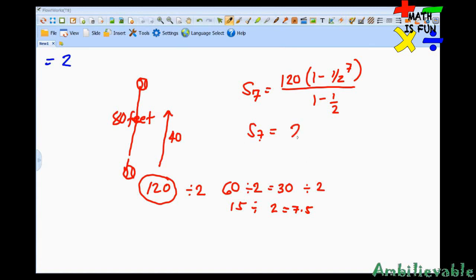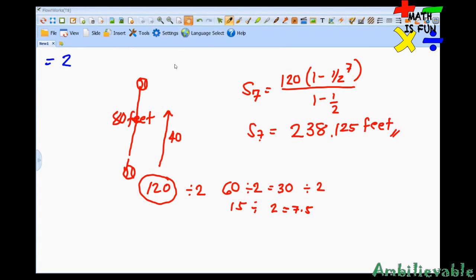So 238.125 feet. Yes, sir. Okay. So change the answer there, if you will be considering that on the half.